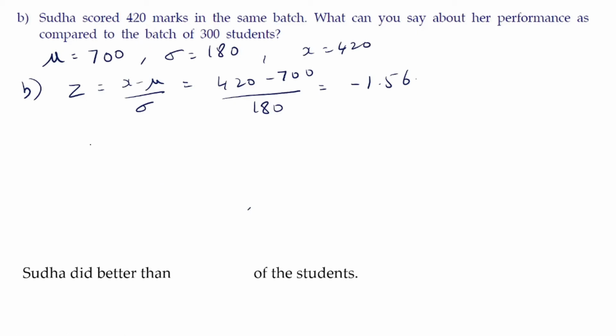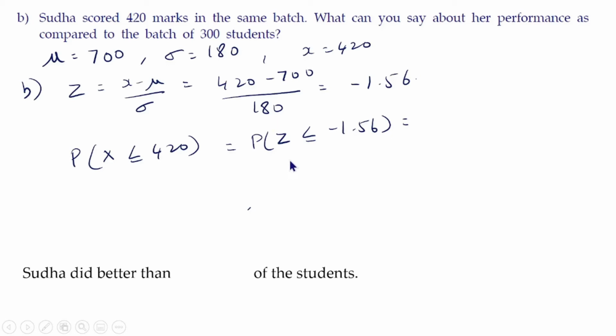So it can be found as probability of x less than or equal to 420. This is equal to probability of z less than or equal to minus 1.56. Now again using the z-score table, we can find probability of z less than minus 1.56.